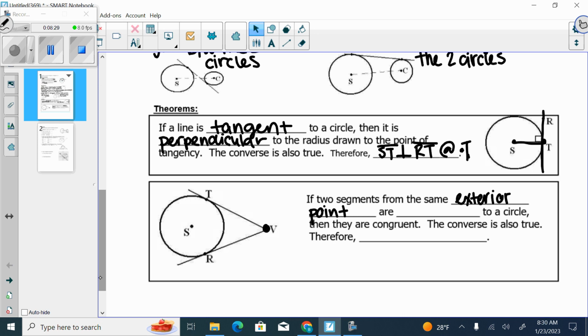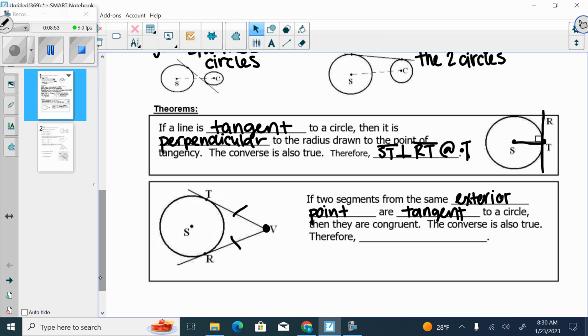If you have two segments that come from the same exterior point, like this one and this one, that are tangent to a circle, exactly like these two are here, then you're going to know that those two segments are congruent. So this piece and this piece are going to be congruent.